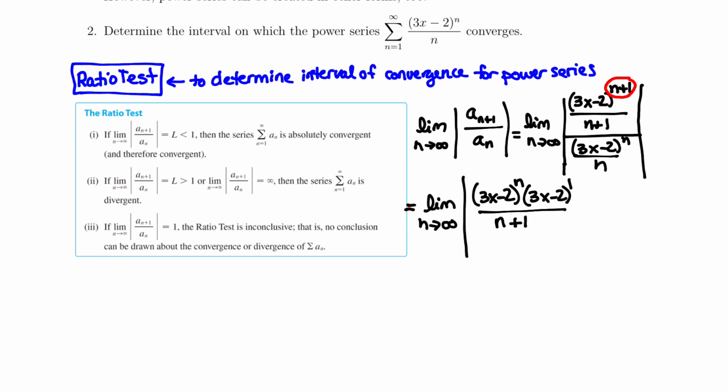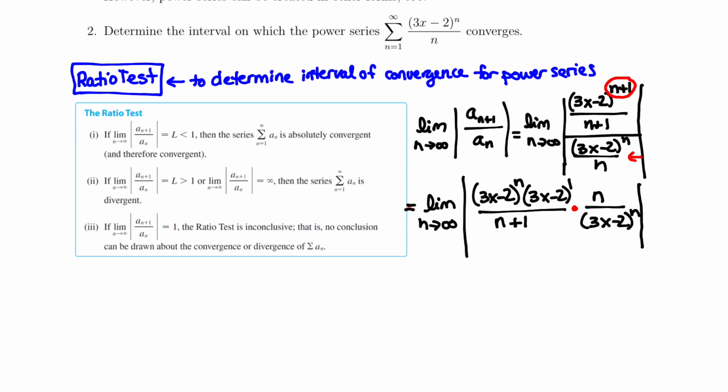And not only that, but now I'm going to take this bottom fraction down here, flip it over, and multiply. So I get this expression here. I want the limit as n goes to infinity of (3x minus 2) to the n times (3x minus 2) all over n plus 1 times n over (3x minus 2).